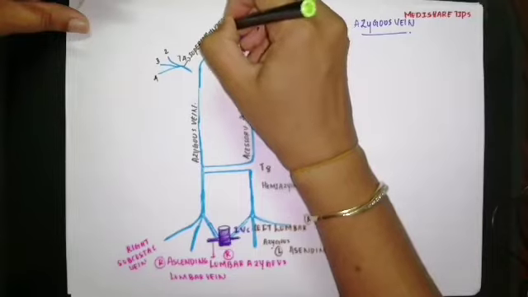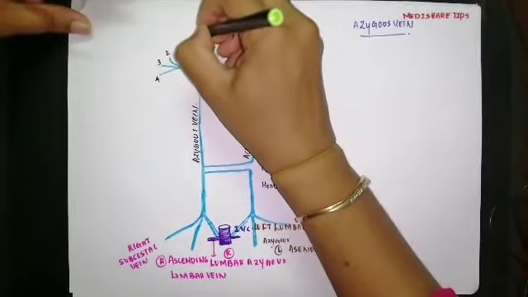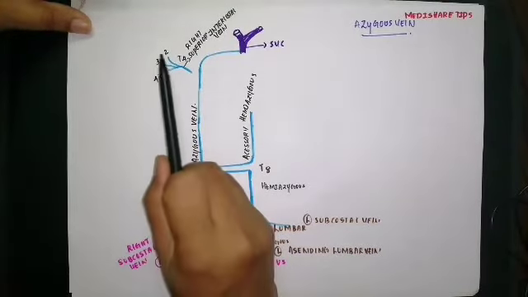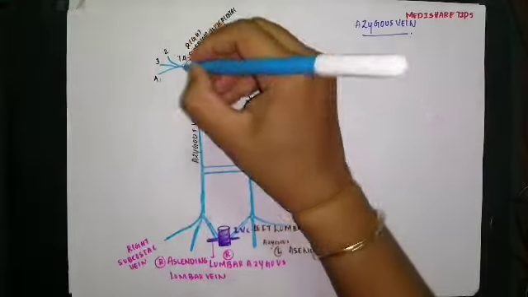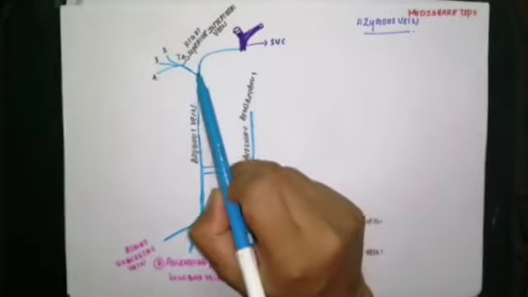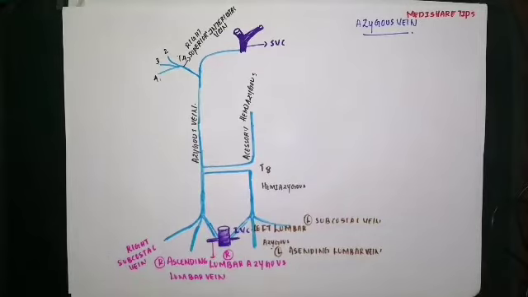As this is on the right side, it is called the right superior intercostal vein. The right superior intercostal vein, which is formed by the union of the second, third and fourth posterior intercostal veins, is draining into the azygous vein. So it is one of the tributaries of the azygous vein.